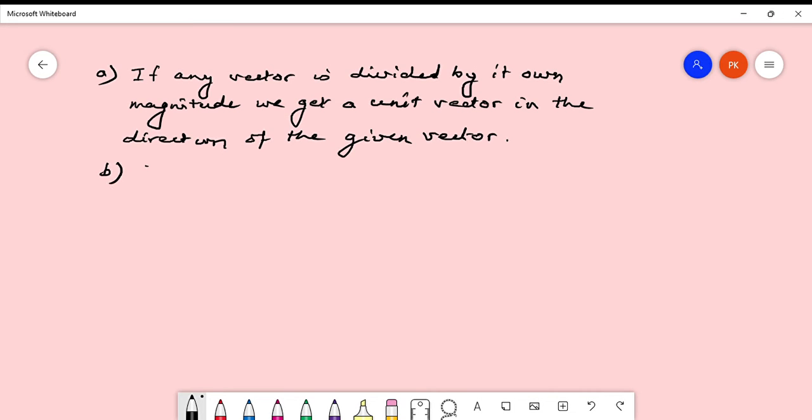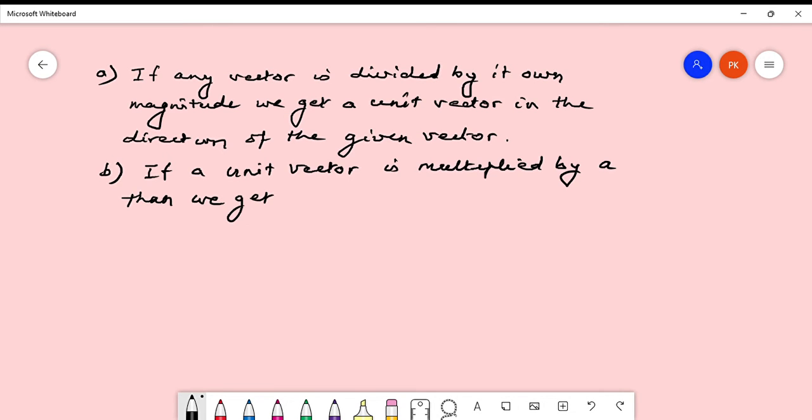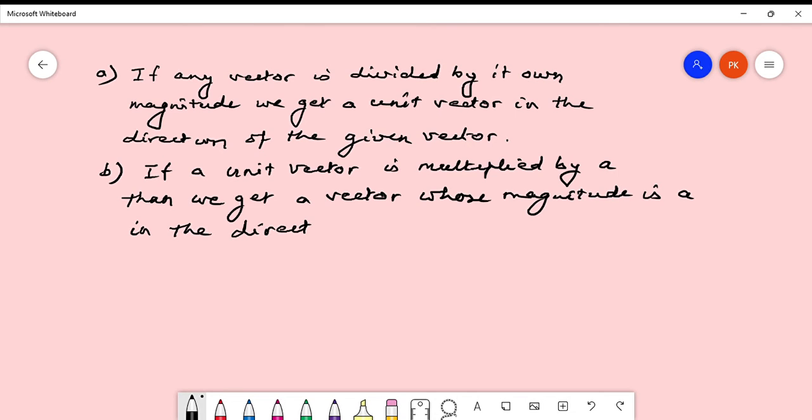Secondly, if a unit vector is multiplied by a scalar a, then we get a vector whose magnitude is a in the direction of the unit vector.